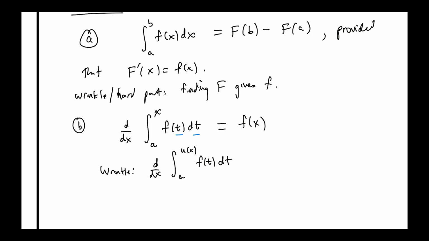So I've called this u of x to mean some function of x, whatever it is. For example, we could have x squared up there or something. And so the question is, well, then what do we have to deal with? All right, so is that kind of okay?